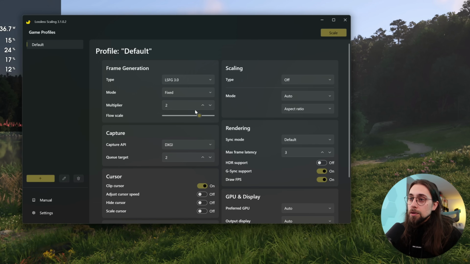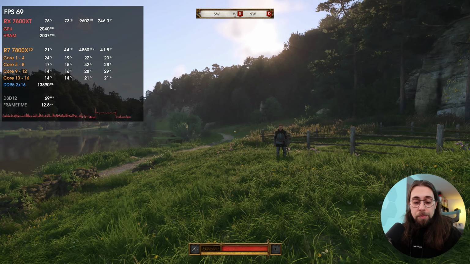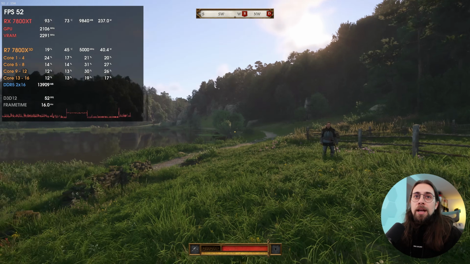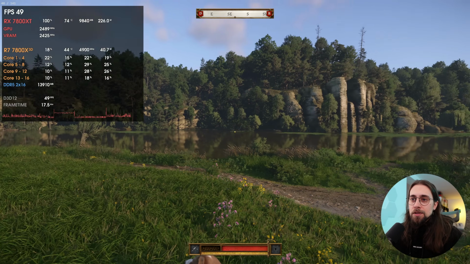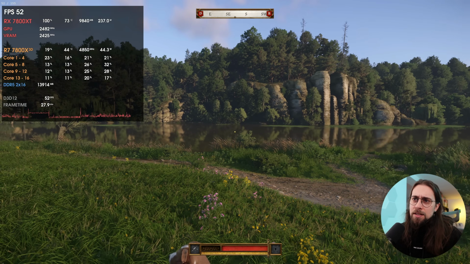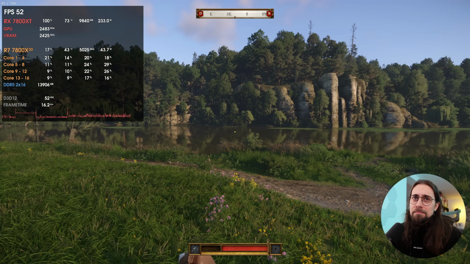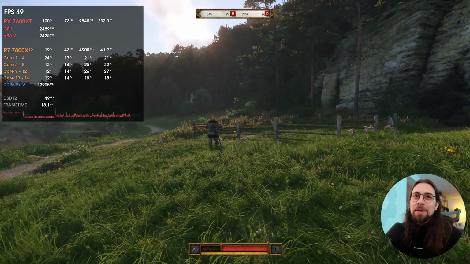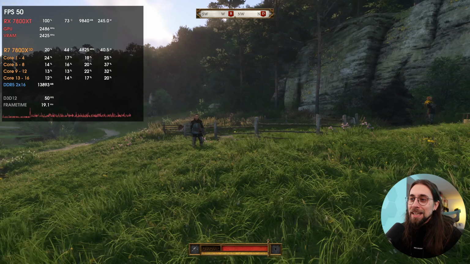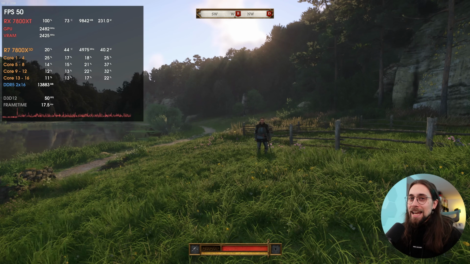So going to multiplier 3, I guess that the issues with the quality should appear as well. Ctrl Alt plus S, bam, and as soon as we go there, yes. But still it's not as bad as it was before. It's still happening to some extent, but we are going from 50, 49 to 146, 150. It is not locked by any means.